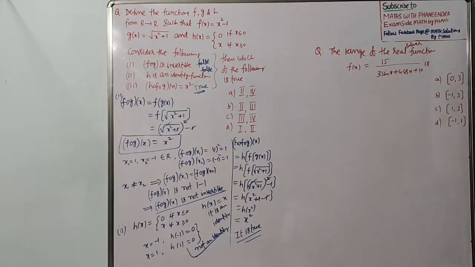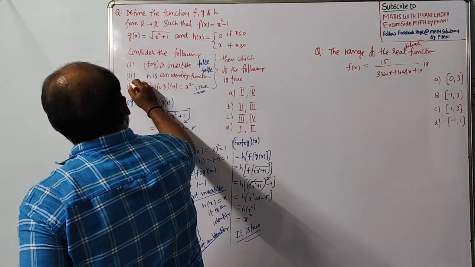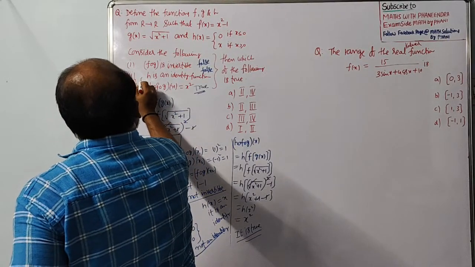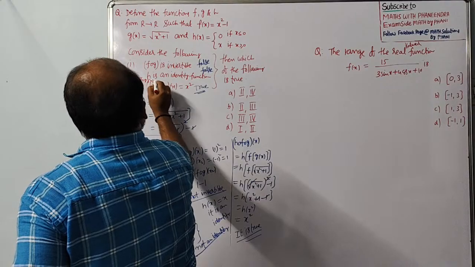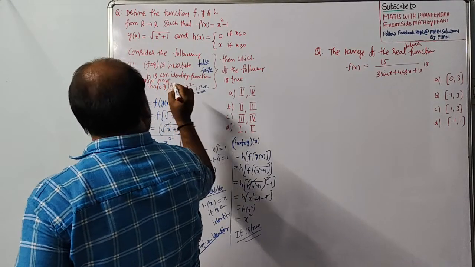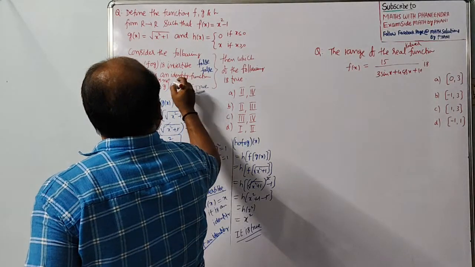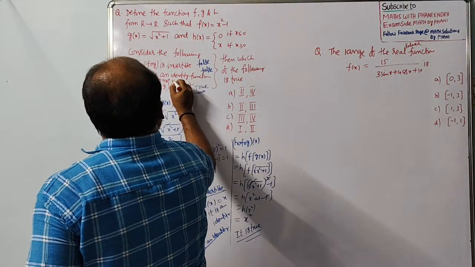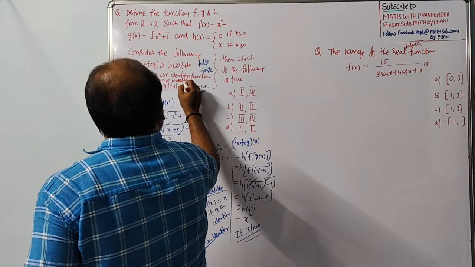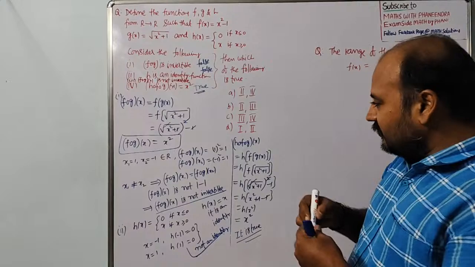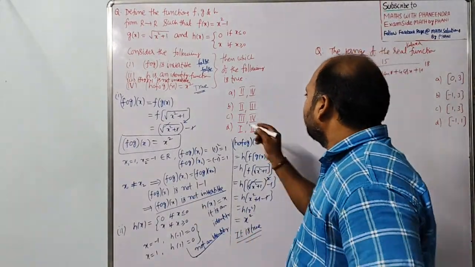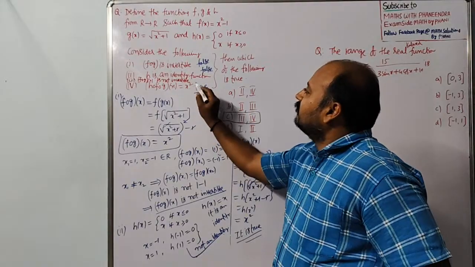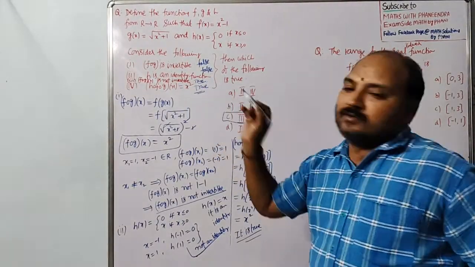Sorry. Yes, this is the fourth one, dear students. Very sorry. So the third one is f circle g is not invertible. So third and fourth are right here. Why? Because we proved now that it is not invertible. So third and fourth are true.